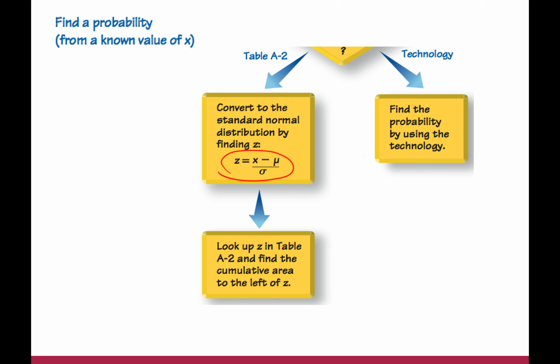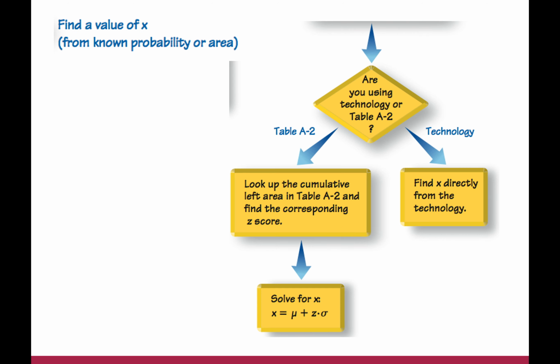You can also use Excel or any technology software to find the probability. If you are using the area to find the corresponding x value, first we look up the cumulative left area in table A2, find the corresponding z-score, and solve for x using the formula. We can also find x directly from technology.